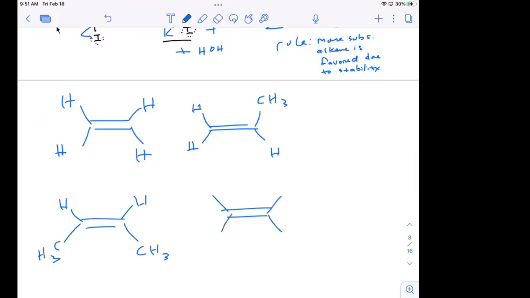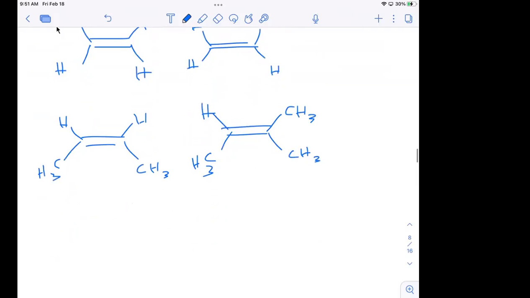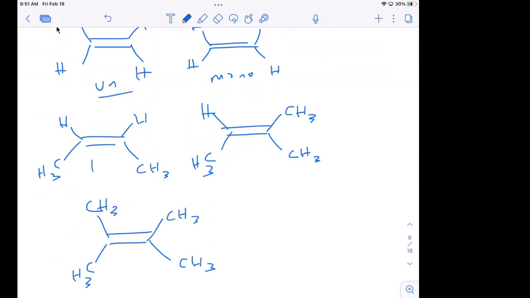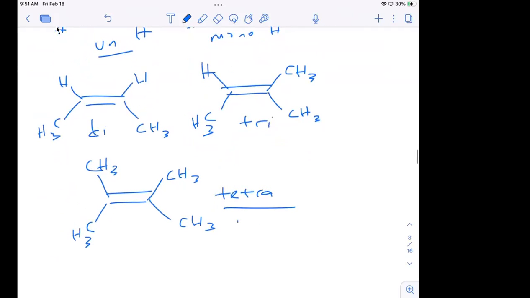You can see the pattern. I'm just adding more carbons in. Or it can be tetrasubstituted, which is the most substituted of all the alkenes. So this is unsub, monosub, di, tri, tetra. Right, so the tetrasubstituted is the most stable.